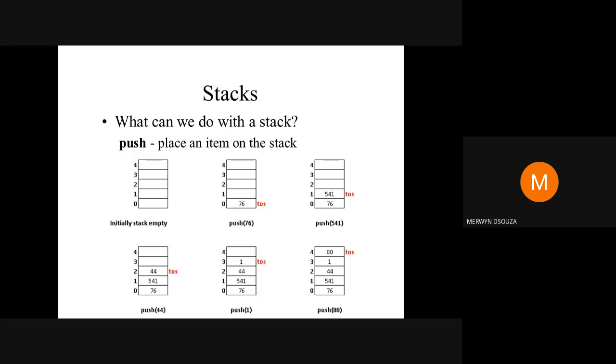Assume that you have a stack. Stacks can be implemented in two ways: one using arrays and one using linked lists. In this example, we are implementing the stack using arrays. When you learned C programming, you must have seen the array diagram drawn horizontally, always starting from index 0, up to whatever the size of the array is. This is the same array, only I have made it vertical.